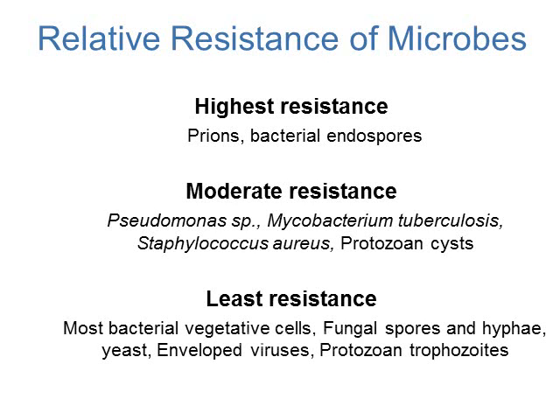And then a lot of microorganisms have the least resistance. So these are the ones that are easy to control, easy to kill. These are most of the bacterial vegetative cells, so the living, metabolically active bacterial cells, fungal spores and hyphae, so any fungal type of infection, that includes yeast.